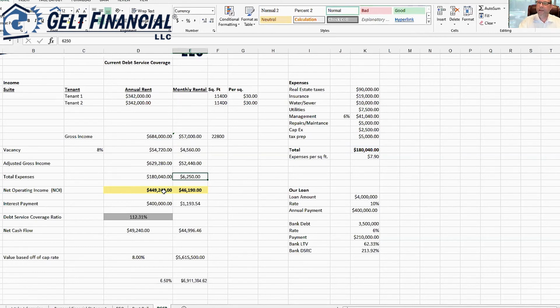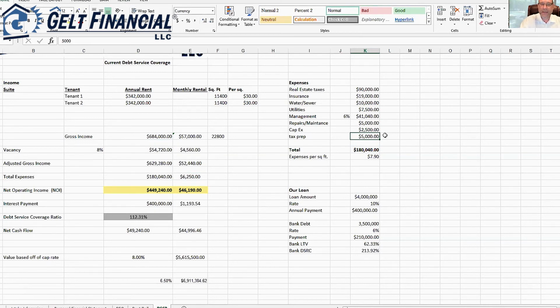So this is really a key component of a cap rate, because what happens in the marketplace is people sometimes sell deals on higher than anticipated income and lower than anticipated expenses. So if I was a seller and I wanted to fudge these, I could maybe take out tax preparation.